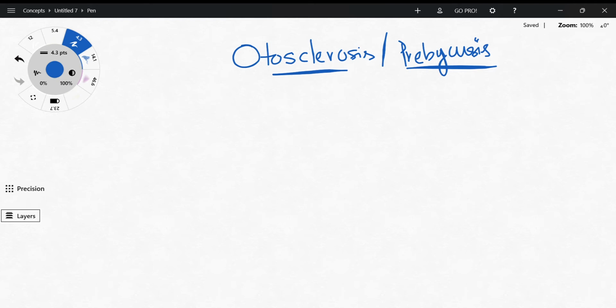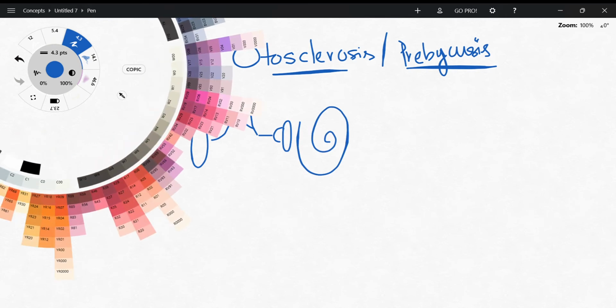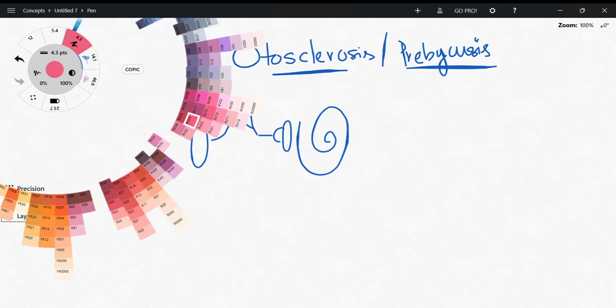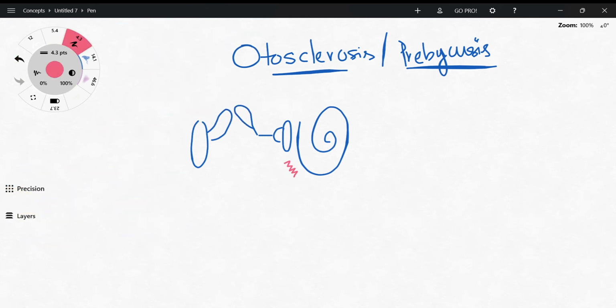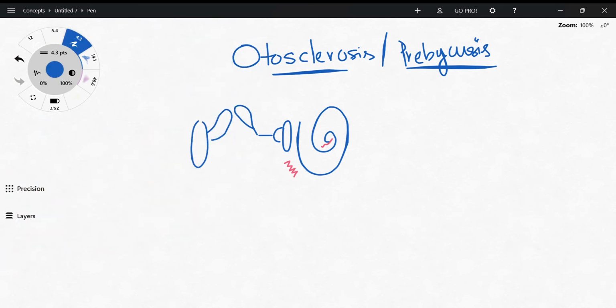You know that we had the tympanic membrane here, the malleus, the incus, and the stapes with the stapes footplate, and then we have the cochlea, right? And this is just to have a better depiction. I'm going to show you that this is high frequency and this is low frequency, right? And I'm going to draw the same thing on this side, so we have a good visual representation of what I'm talking about.